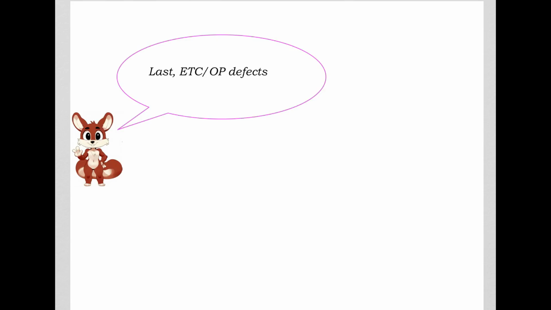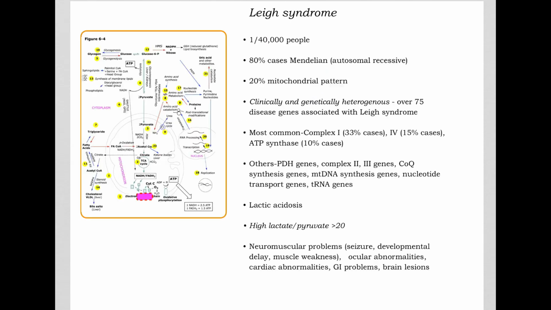Okay, so the last thing we'll talk about is the respiratory chain defects. Leigh syndrome, incidence about 1 in every 40,000 people. Most cases are Mendelian, autosomal recessive. 20% of cases are mitochondrial.